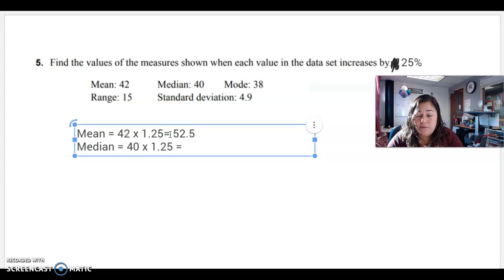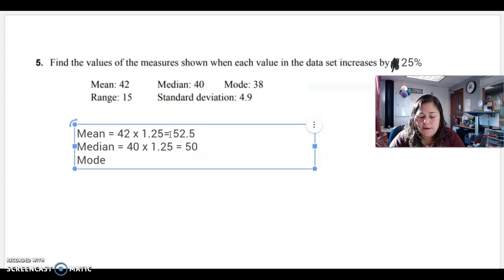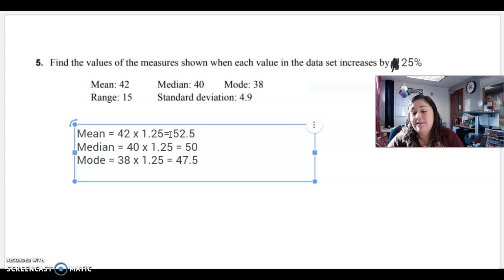This should be 40, 10, 50. Mode: 38 times 1.25, half of 39, this will be a decimal, 47.5. And not just the measures of center, but also the measures of variation, so range and standard deviation.